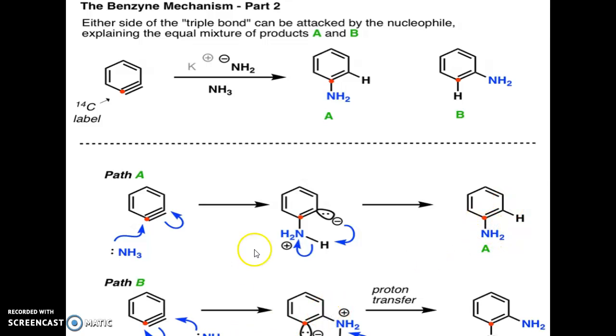Similarly, we can see the proton transfer on the opposite adjacent carbon, leading to the formation of this product. So like this, we can see the attack on either side of the triple bond by the nucleophile, which is nothing but NH3, leading to the formation of the product through proton transfer.